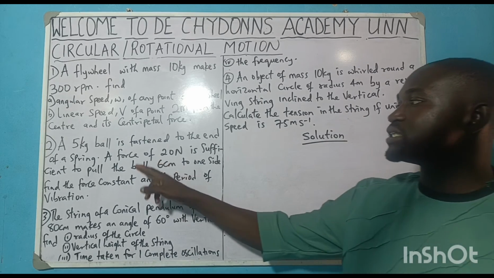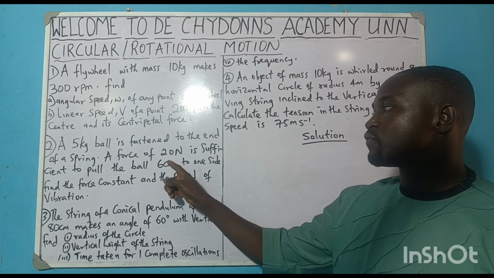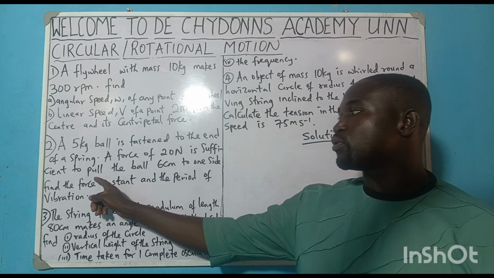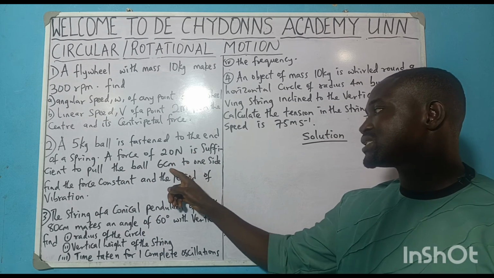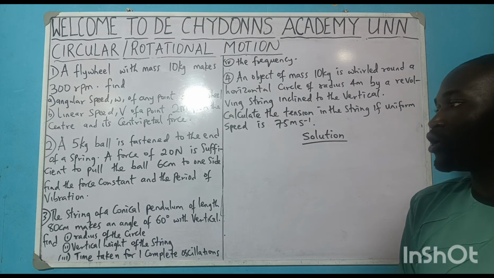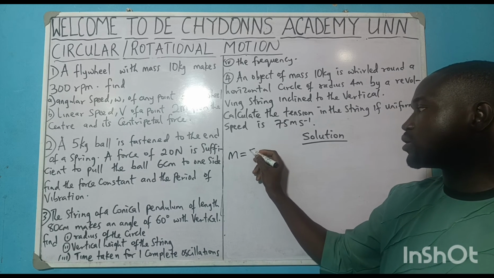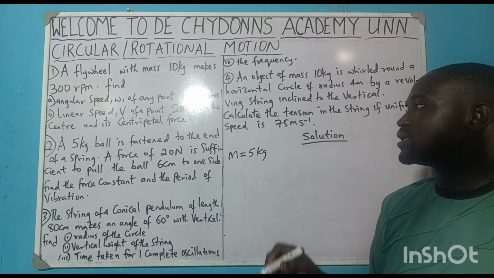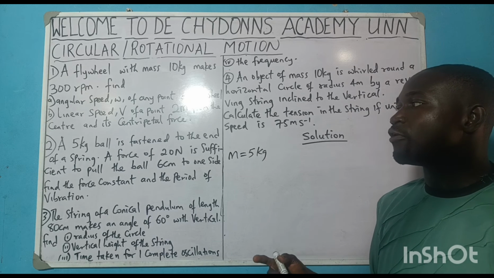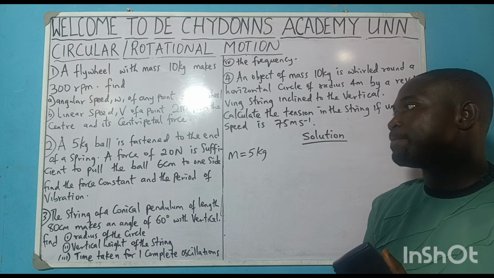So we'll go to question number 2. A 5 kg ball is fastened to the end of a spring. A force of 20 Newton is sufficient to pull the ball 6 cm to one side. Find the force constant and the period of the vibration. The mass of the ball is 5 kg, right? And it's fastened to the end of a spring. You have a spring and you fasten the ball there.